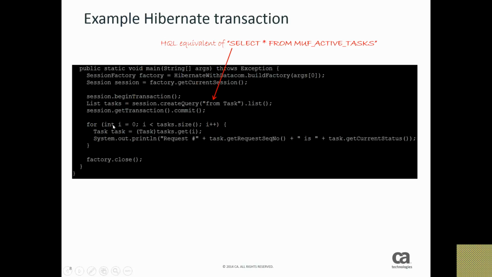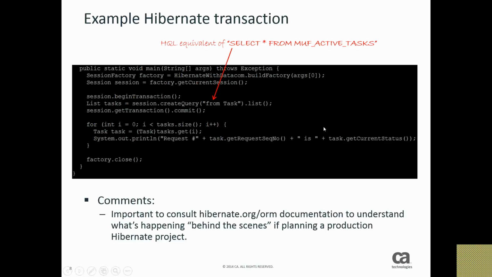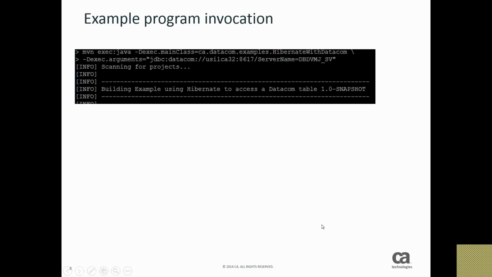And then we can scan through that list, get task objects, and report on the request sequence number and the current status. This, of course, is very nice, very simple, but a lot does happen behind the scenes, and in preparation for a production deployment, you would want to consult the hibernate.org documentation in some depth.